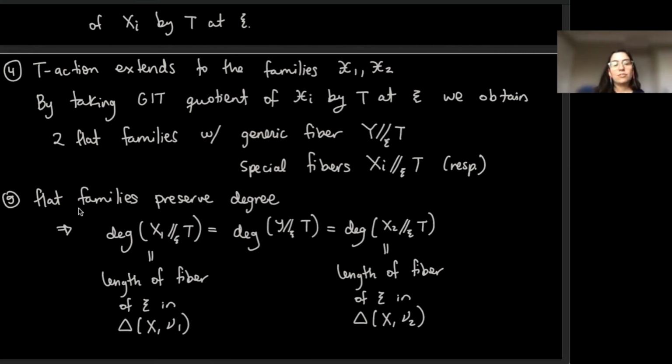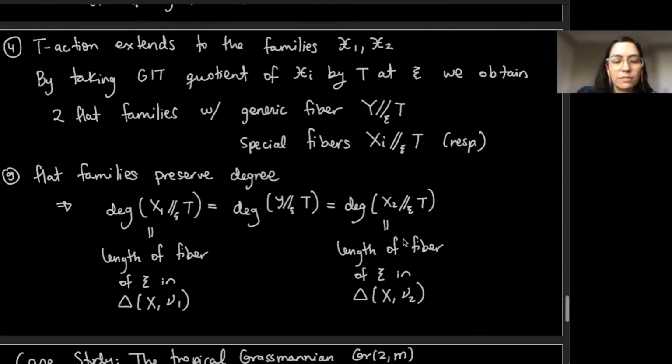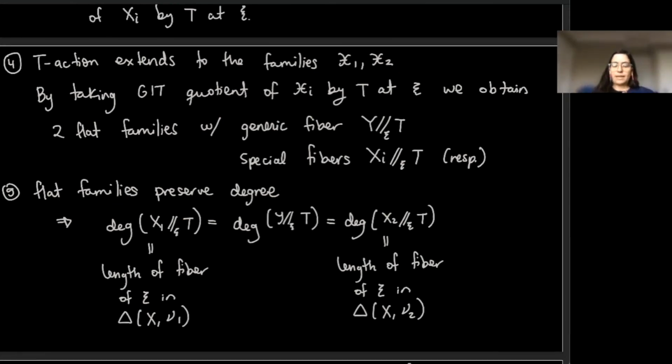Then flat families preserve degrees, so we have this flat family relating this to degrees, and the other flat family preserving this to degrees. Then again you have this equality because one is the toric variety of the other. And so you have that the two fibers actually have the same length. But yeah, I think that is all I have to say today. So thank you so much.